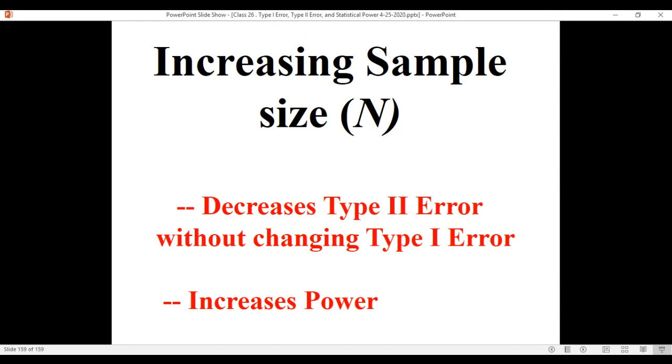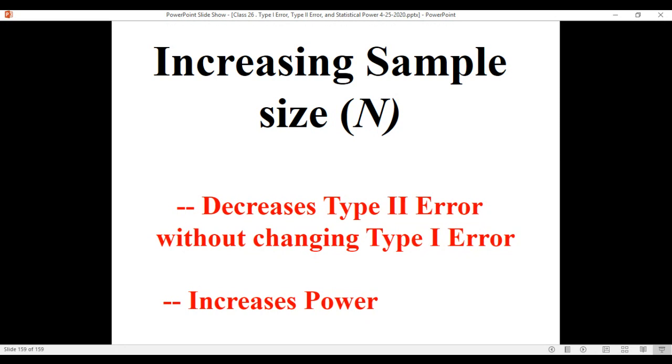We also learned that type 1 and type 2 error have a very sad relationship. If we try to decrease type 1 error, we end up increasing type 2 error. However, there is a way to get low type 1 error and low type 2 error at the same time: we increase our sample size. And finally, today we talked about statistical power.